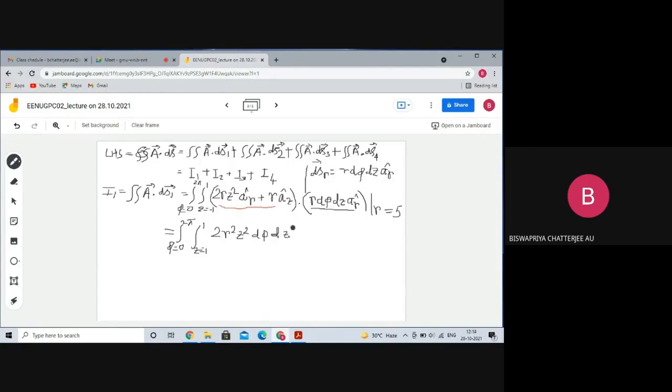Okay, and this is to be evaluated at r equal to 5. So r is constant here, and in the next line you can take that outside. So r square means 25, 25 into 2 is 50.